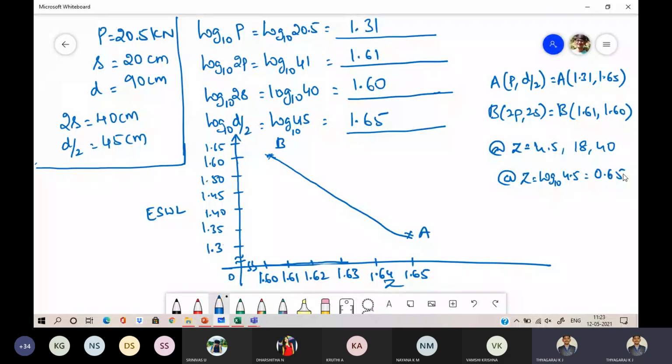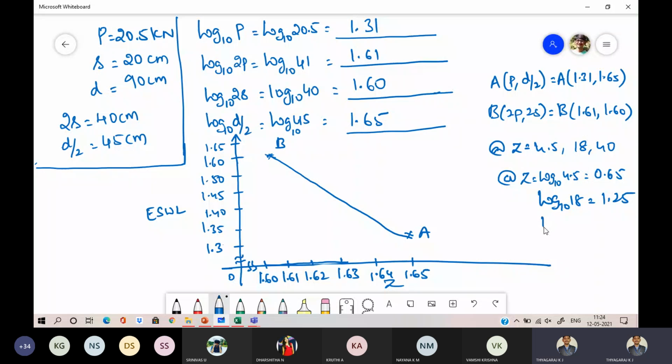So we are not getting 0.65 Z. So we have to change the scale now. Here also 18, 1.25. Here also we are not going to get log 18. So you should be very careful while selecting the scale also. Okay.